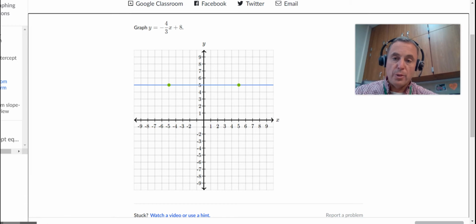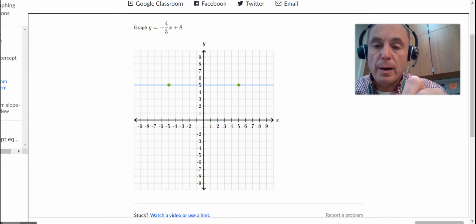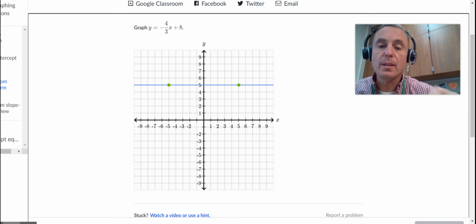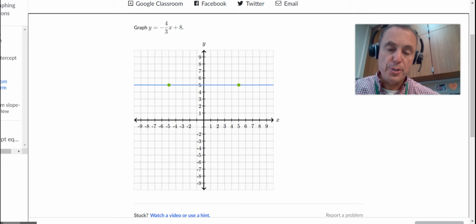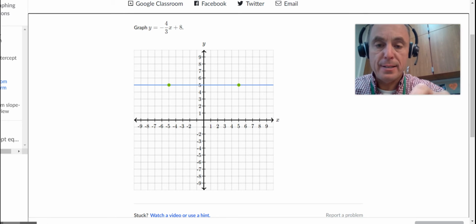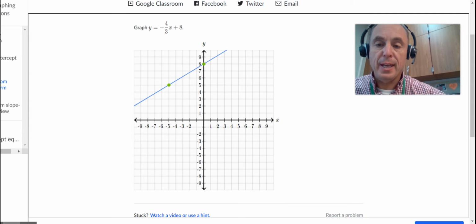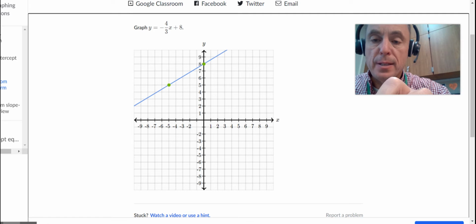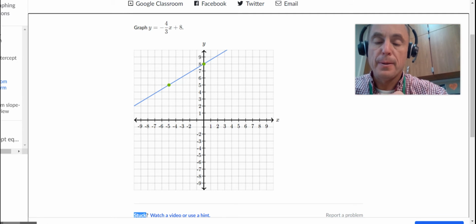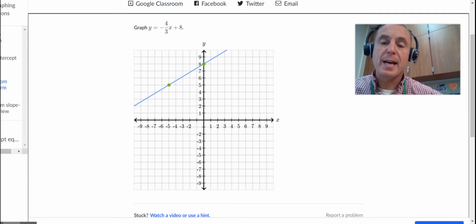So let's start with the y-intercept. In this problem that you see on your screen, the y-intercept is 8. So we want to move our first dot to the point y equals 8. The second number that you see there is the slope. And the slope tells us how to move from the y-intercept.